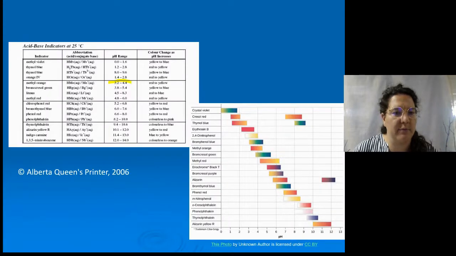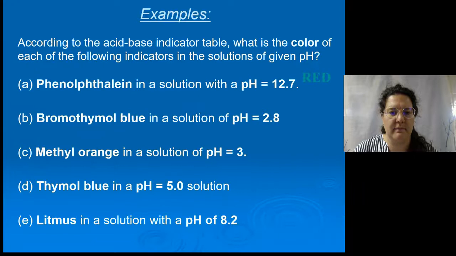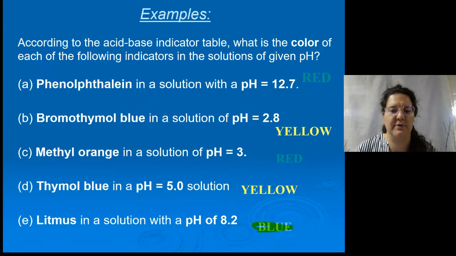So if I go to thymol blue and a pH of 5, it should still be yellow. And litmus in the solution of pH of 8.2. Now this one we don't have to check because litmus paper turns blue in a basic solution.